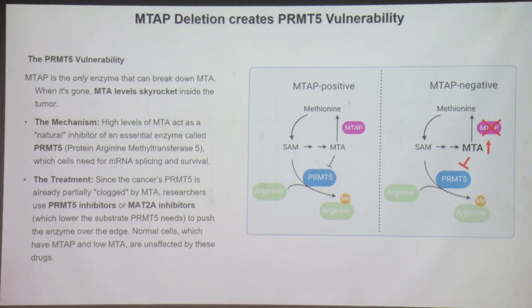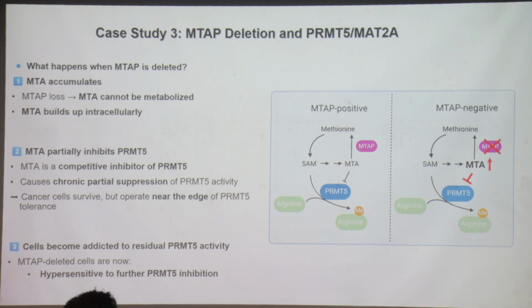So if there is MTAP deletion and you inhibit PRMT5, the cells will die. Normal cells have MTAP, you can inhibit PRMT5, it doesn't make any difference. But during MTAP deletion, it becomes lethal. Make sense?